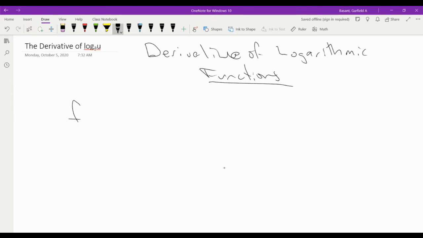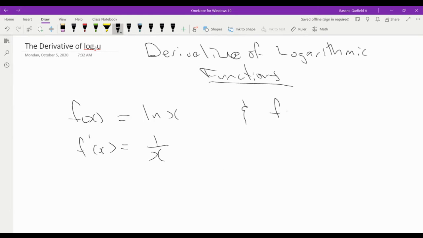So we know that we have f of x is equal to the ln of x. Does anyone remember what the rule was for this? What is f prime of x equal to? 1 over x. Thank you, Cameron.